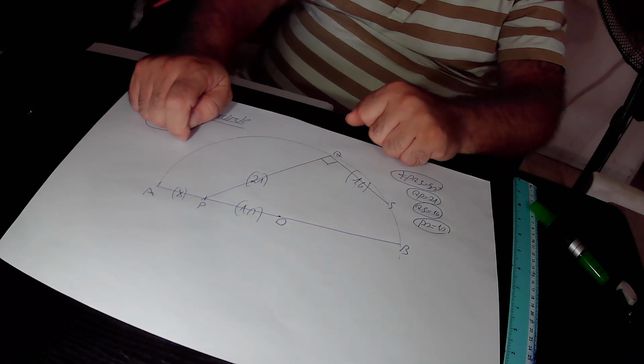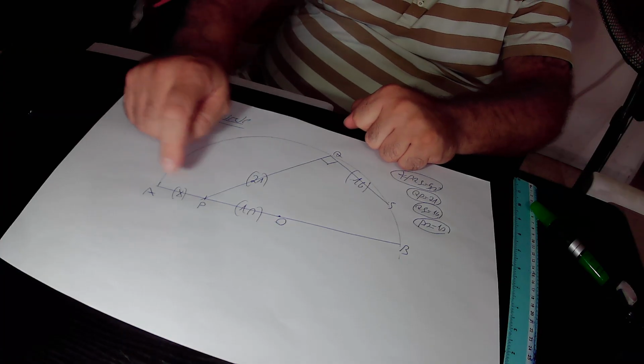So first of all, we will complete the semicircle to a circle.